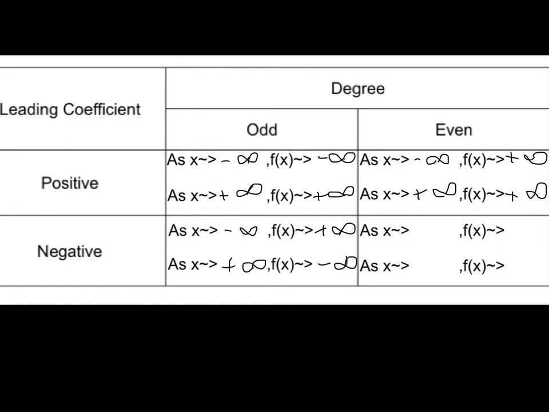If we have a negative leading coefficient, as x approaches negative infinity, again, our function is just going to reflect over the x-axis. So this is going to be negative infinity. And as x approaches positive infinity, again, our function is going to approach negative infinity. So all of your answers will look like something in one of these 4 boxes, depending on what your degree is, odd or even, and what your leading coefficient is, positive or negative.